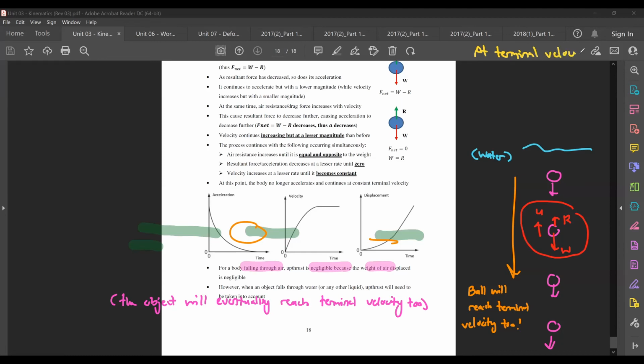Now, one of the things you remember about terminal velocity just now was that F net must be equal to 0. Okay, now I have three forces here: W, R, and U. Is there an equation I can form from these three?